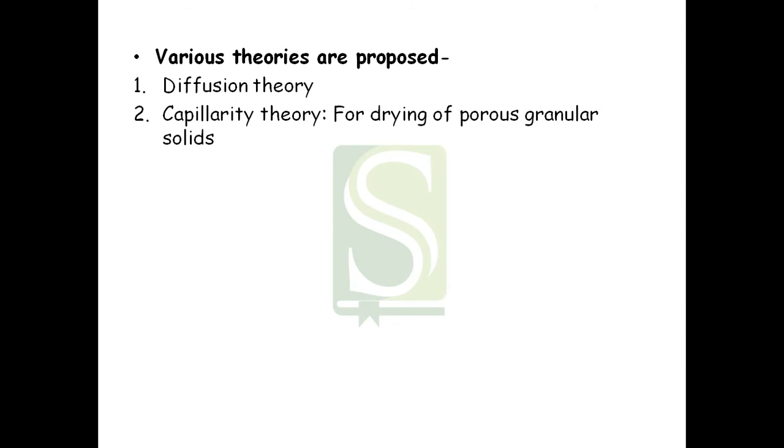As the drying starts, a meniscus is formed in the capillary and it exerts a force. This is the driving force for the movement of water through pores towards the surface. The curvature of the meniscus depends on the pore diameter and determines the strength of the capillary force. The capillary force is greater in small pores as compared to the large pores.